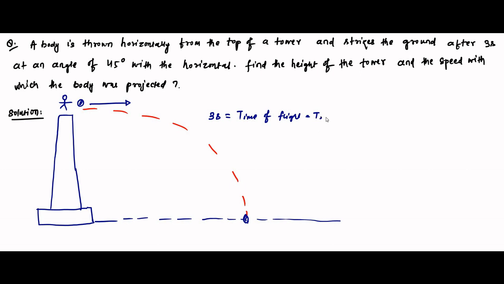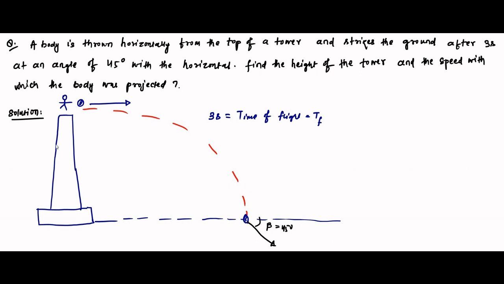And the body struck the ground making an angle of 45 degree with the horizontal axis. That is, let's say the final velocity vector is something like this, so it will make an angle of 45 degree with the horizontal. This is the situation.